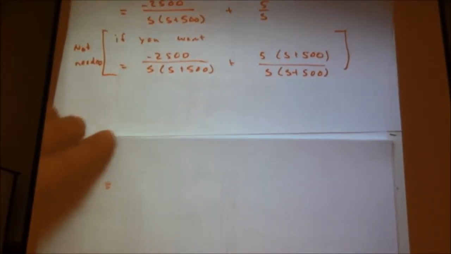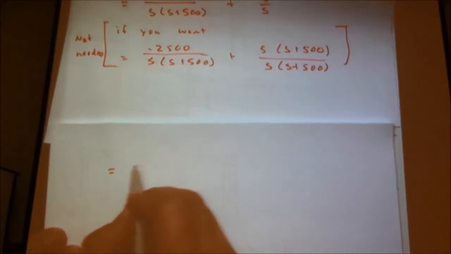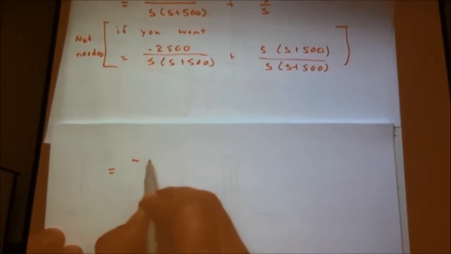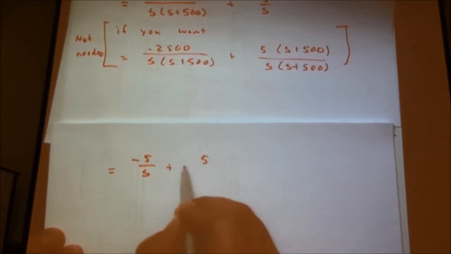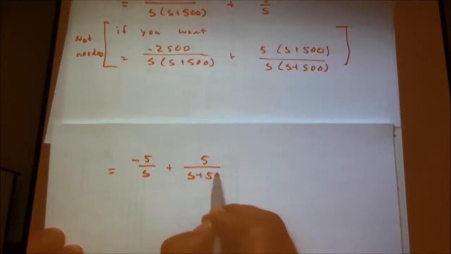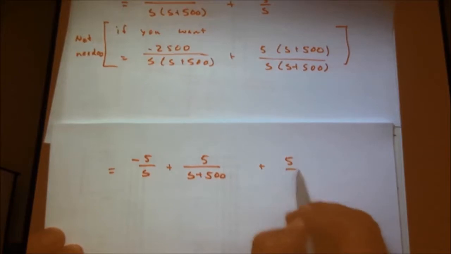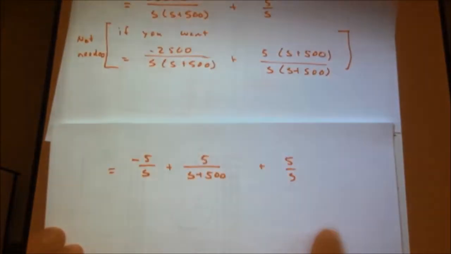So just to shortcut some work, this winds up being minus 5 over s, plus 5 over s plus 500, plus 5 over s. So there's the first term, there's the second term, and sure enough, as luck would have it, these guys cancel each other out.